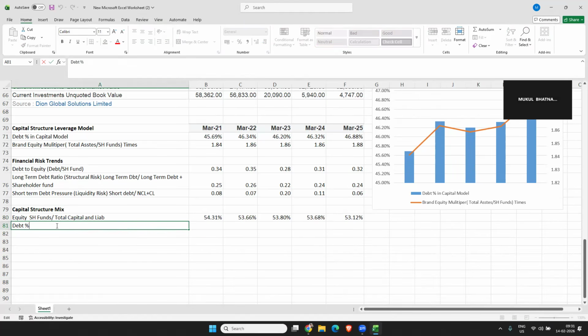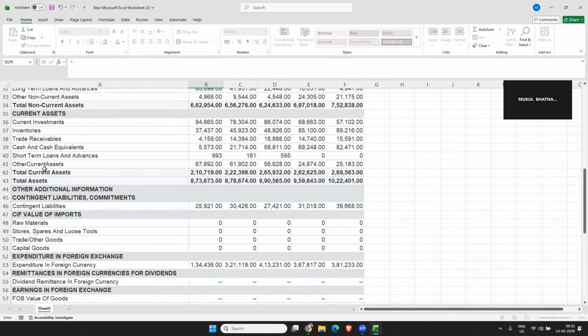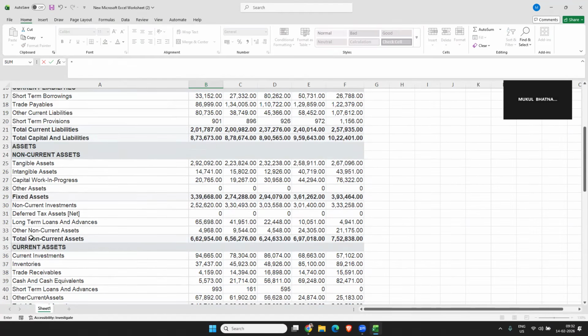So the formula is, I'm writing for reference, but in real life financial modeling, we do not write the formula. Fine. So non-current liability plus current liability divided by total capital and liability. Now it's very simple for you, equal to non-current liabilities where it is given to us.